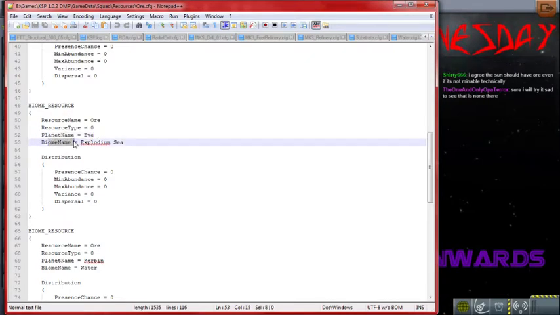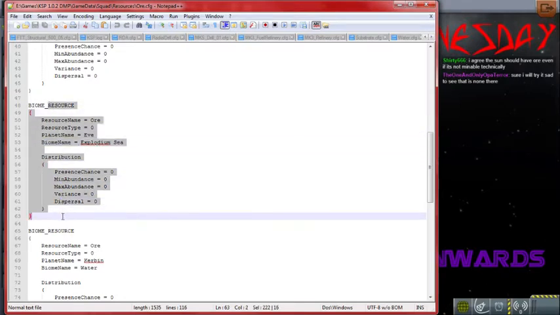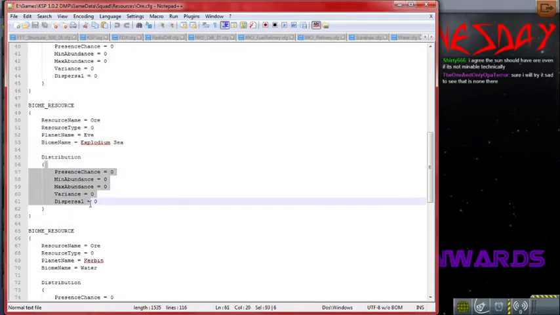Biome name is now a new parameter that we haven't seen. Biome name obviously is the name of a biome, which in this one is Explodium C. Eve has bodies of liquid of some sort called the Explodium C, and this definition here says that there is no ore that is mineable on the Explodium C.